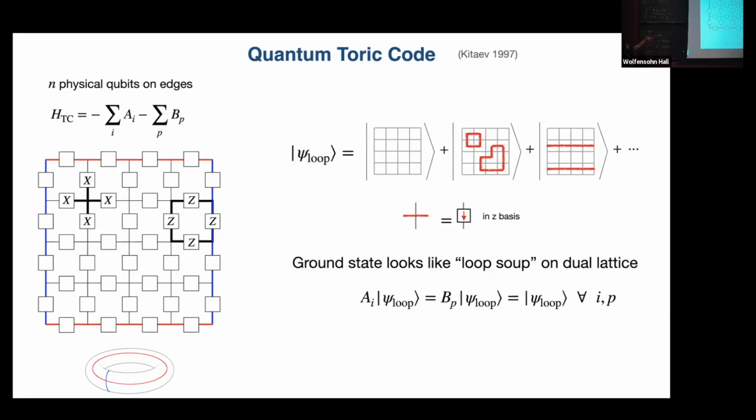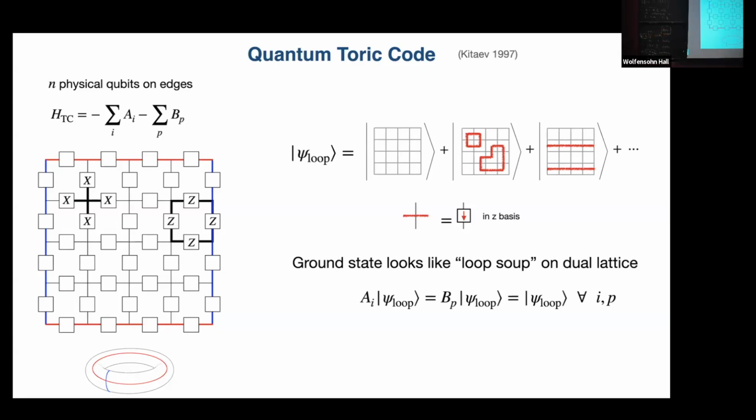And likewise, if you multiply all the Z's, you have L squared minus 1 independent Z checks. So you have 2 L squared minus 2 constraints, which means that k equals 2, because I have 2 L squared qubits and 2 L squared minus 2 constraints. So I have two logical qubits, which means I should have 4 ground states on a torus.